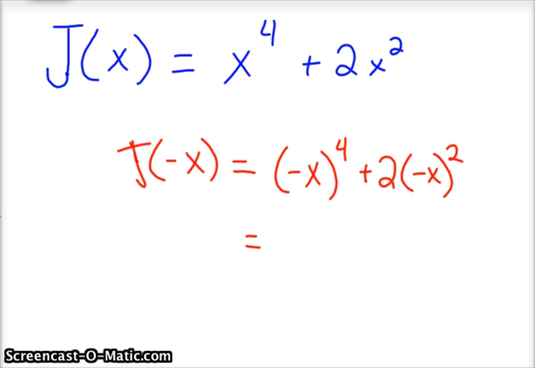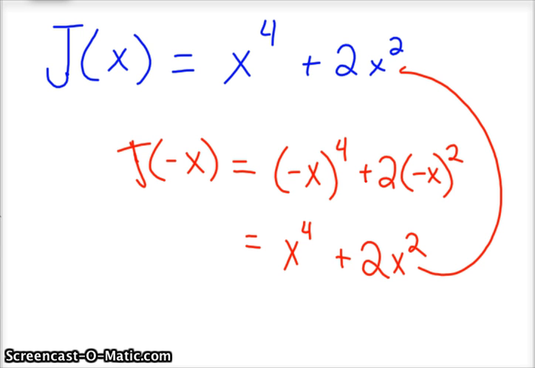You simplify that, and you'd have positive x to the fourth power, because negative times negative times negative times negative is positive. And the same goes here: negative x times negative x is positive x squared. So we'd have x to the fourth plus 2x squared, and we've come up with the original function, so this is an even function.